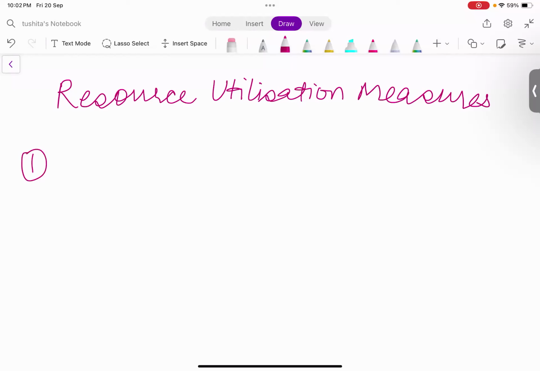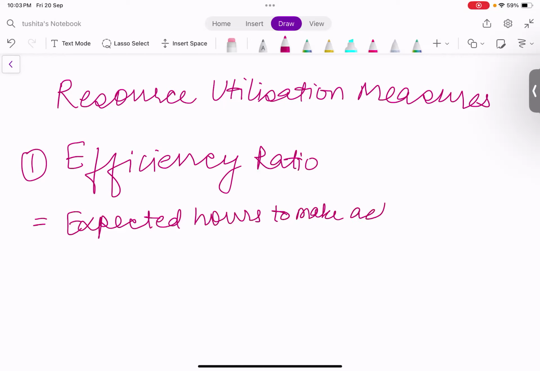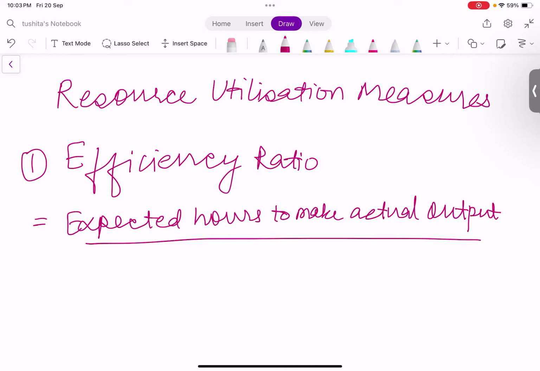The very first one which you have is the efficiency ratio. How do you measure the efficiency ratio? So the formula for the same is expected hours to make the actual output, divided by the actual hours taken.